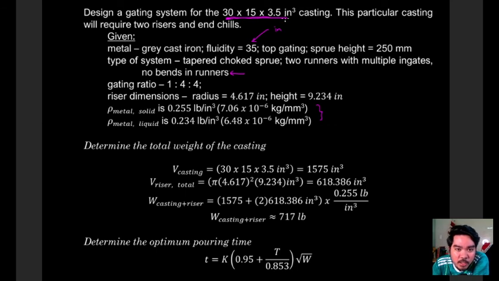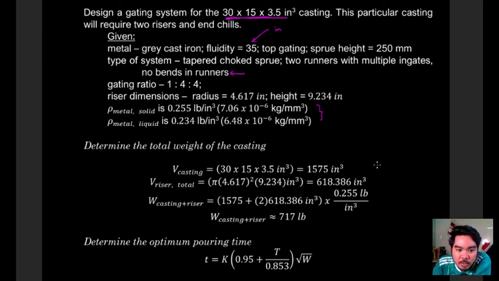If this is the final volume of the casting, then the density we multiply should be the solid density, right?